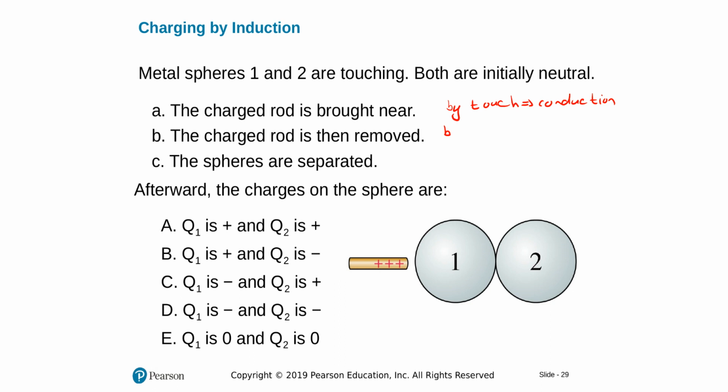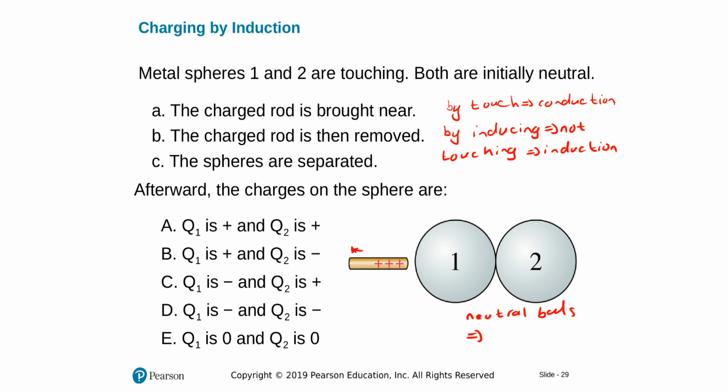Charging by not touching, by inducing, is of course induction. Here we see a charged rod going close to two neutral balls. That's induction, and it's a question about induction.